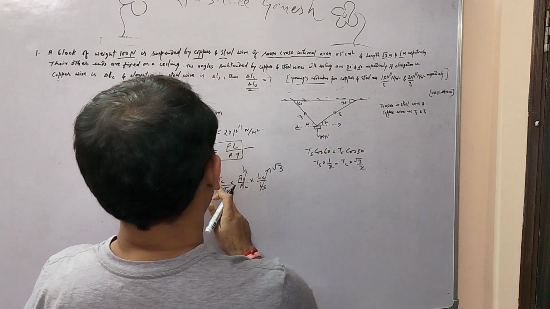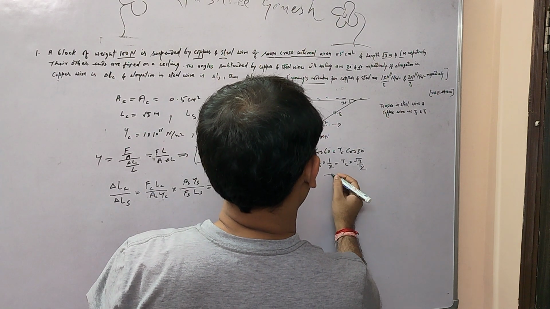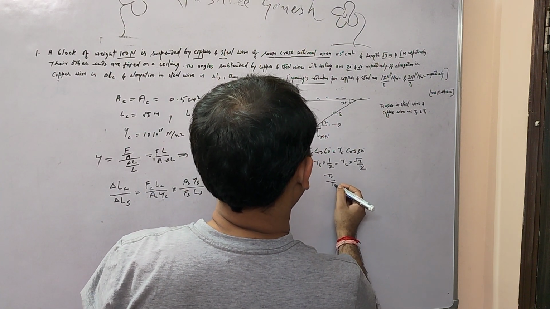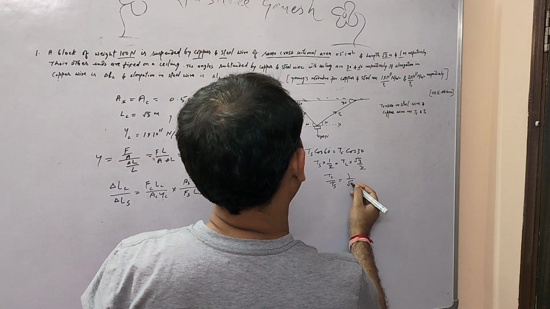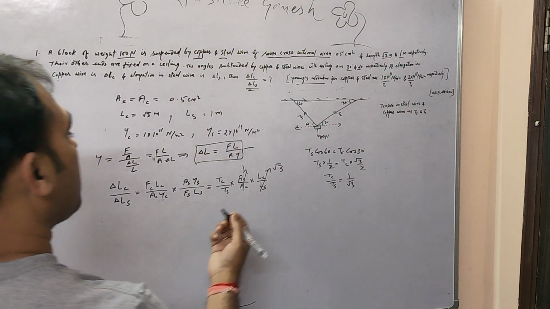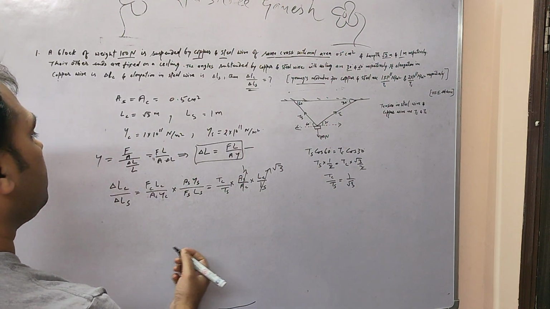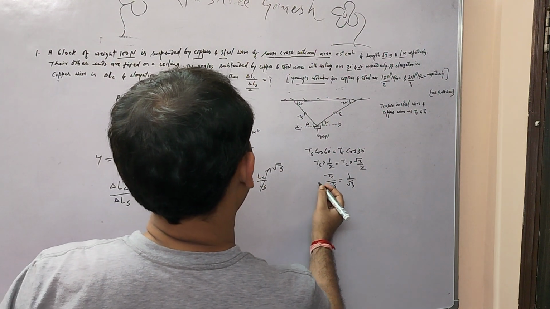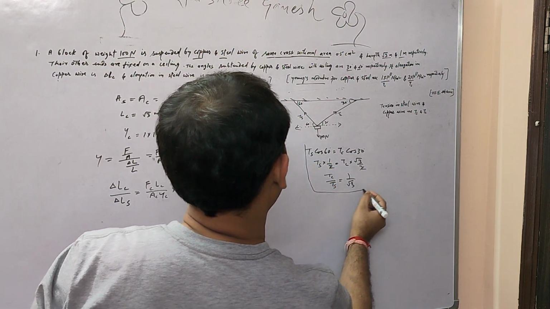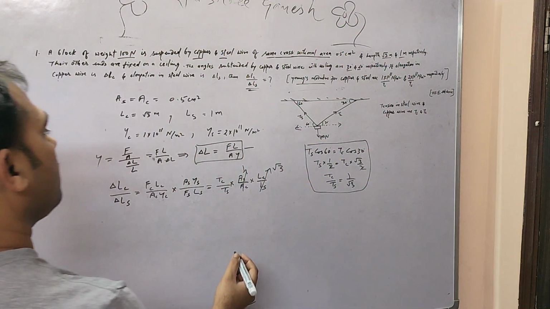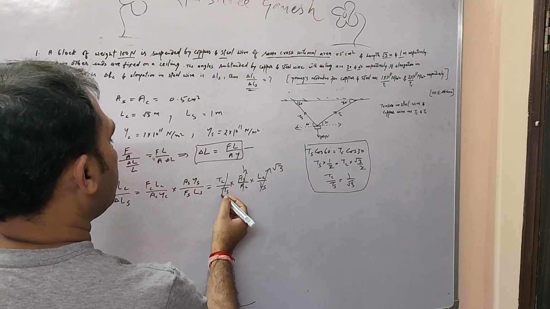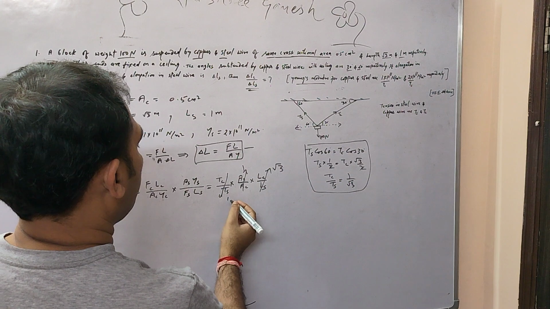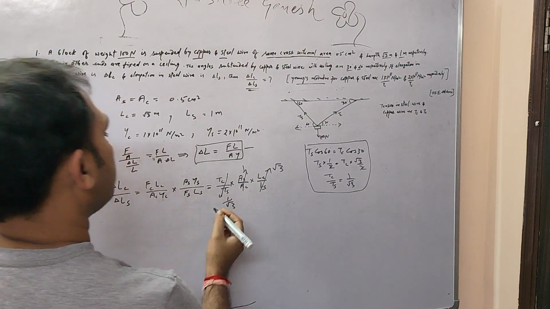So TC upon TS will be, this will be 1 by root 3. Okay. So value of this will be 1 by root 3.